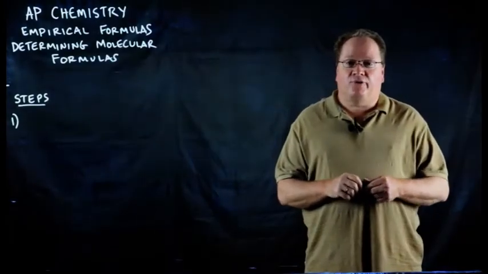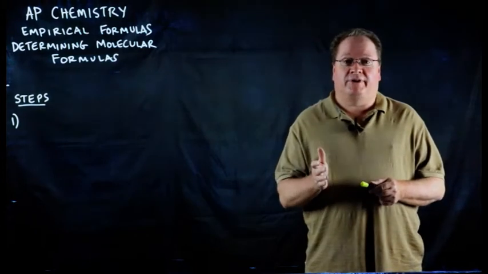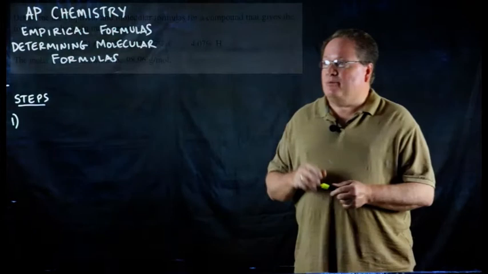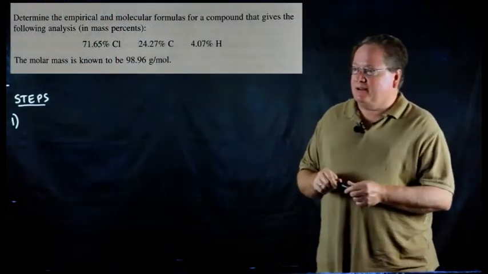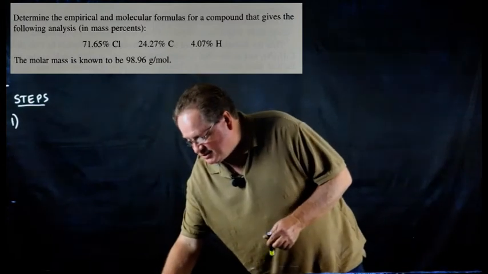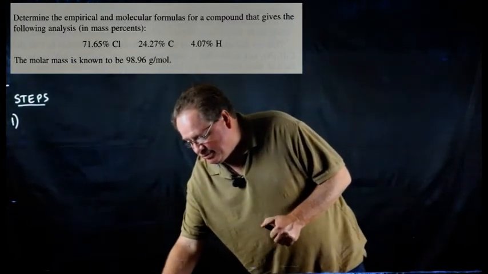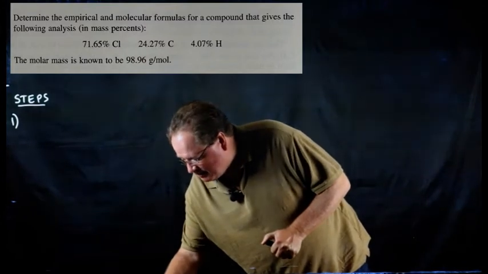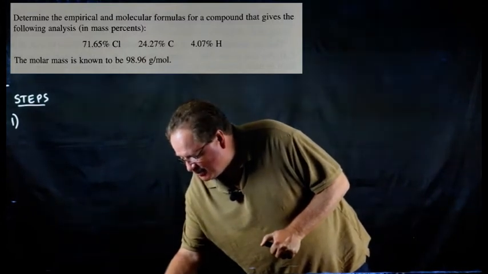Let's talk about how you're going to determine an empirical formula by looking at a few examples. So we're going to put an example on the board over here. I have it actually in my book, and it tells us to determine the empirical and molecular formulas for a compound that gives us the following mass percentages.